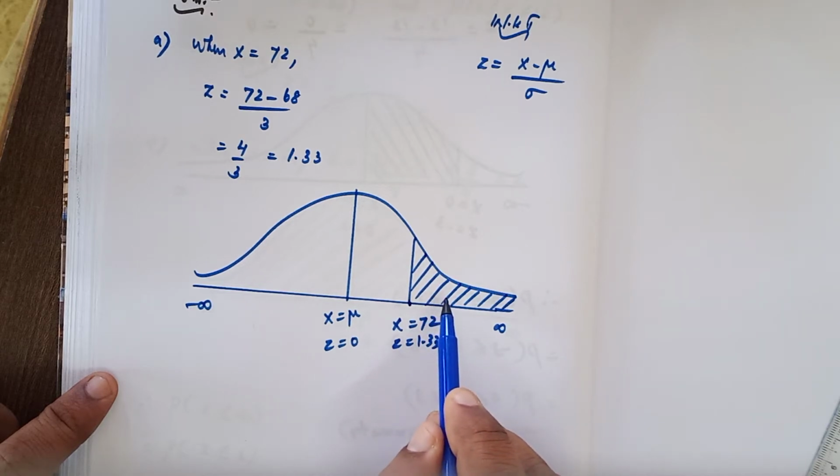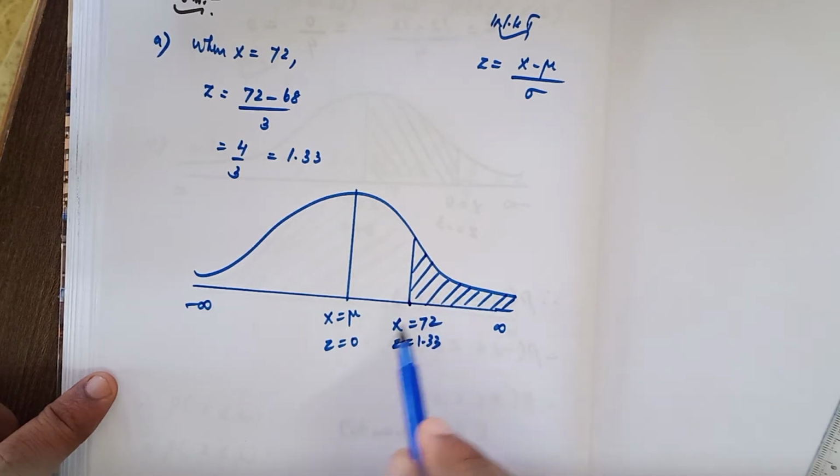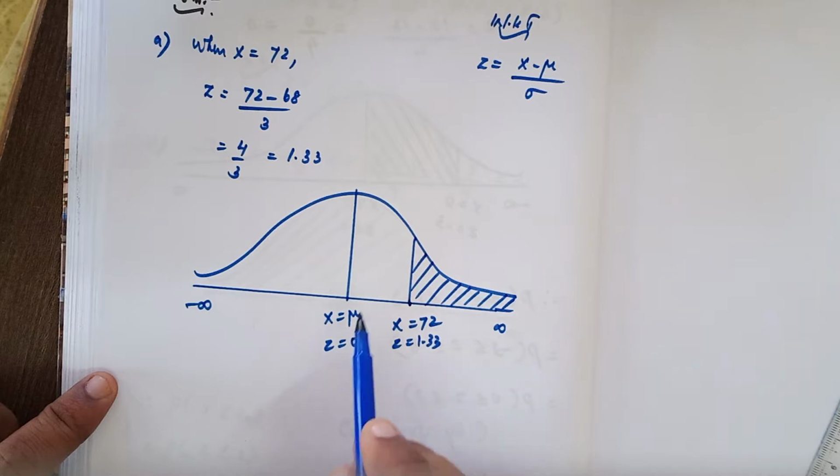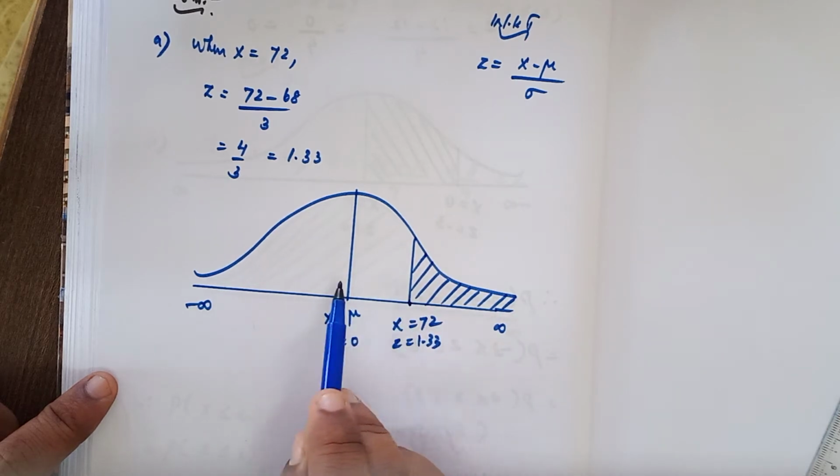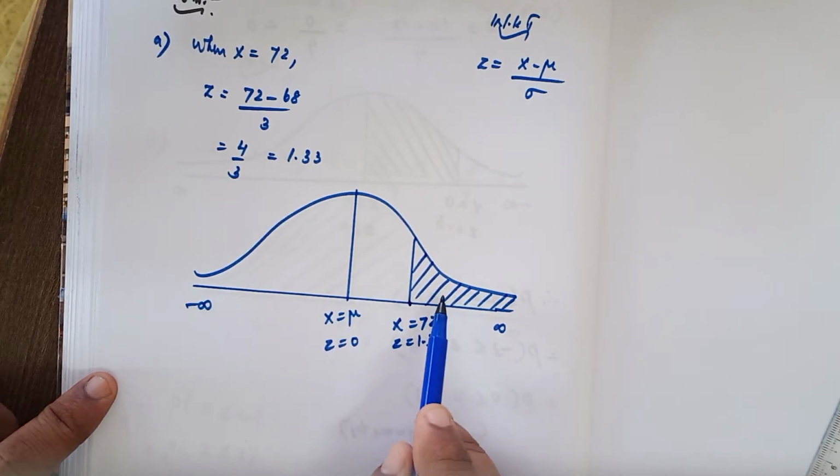Now for finding this area, already I told you, each and every time you must touch z equal to 0. So for finding this shaded area, first I find 0 to infinity, the full area, minus the unshaded portion, then only you will be getting this area.